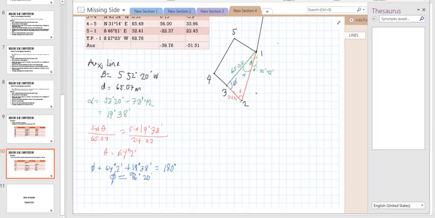Okay, so from there we can now compute for the distance of line 1 to 2 and the bearing of 2 to 3.